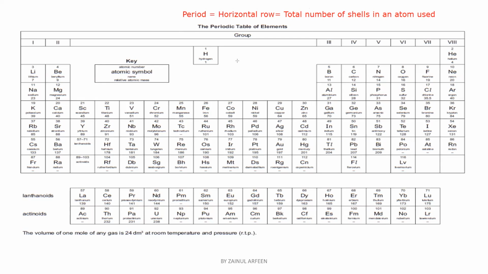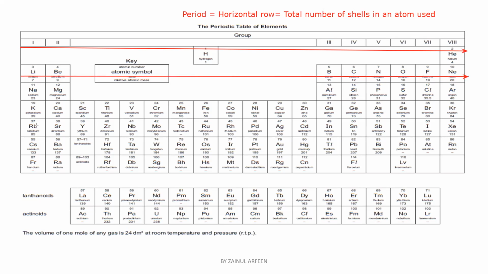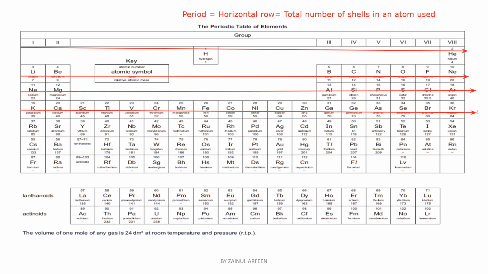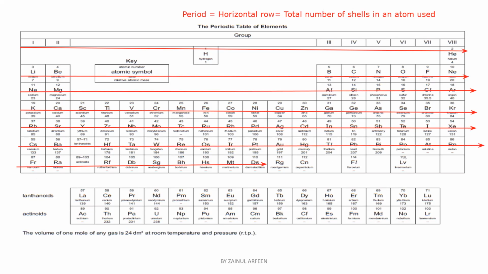This is the first period from left to right, then the second period, third period, fourth period, fifth period, sixth period, and seventh period. So there are basically 7 periods in a periodic table.